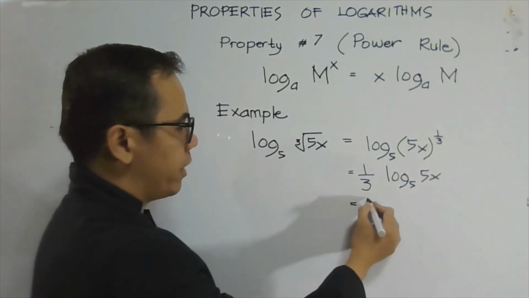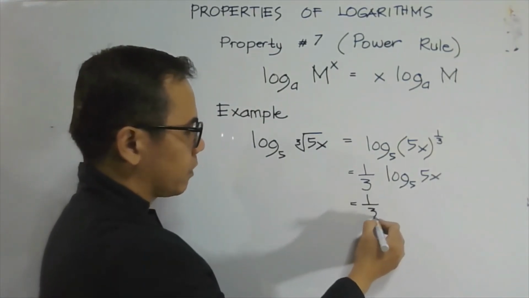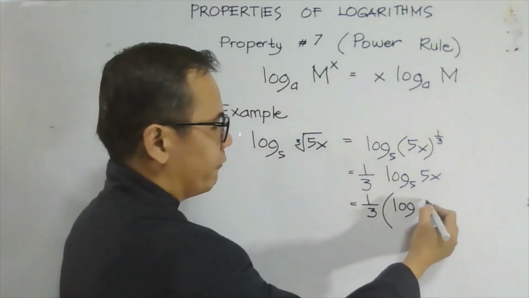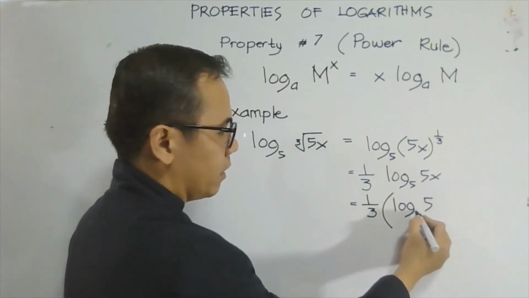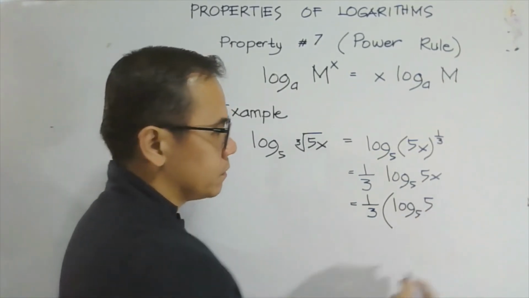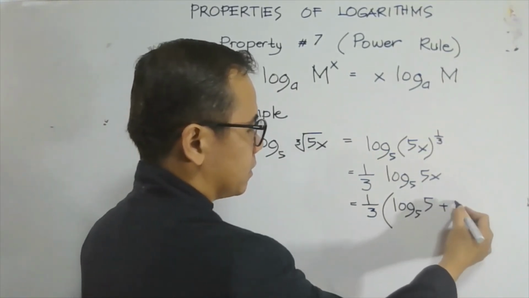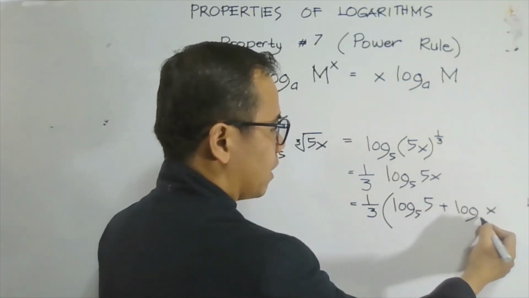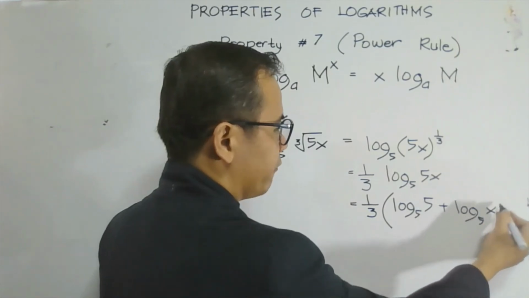So that is equal now to 1/3 times the logarithm of 5 base 5 plus the log of x base 5.